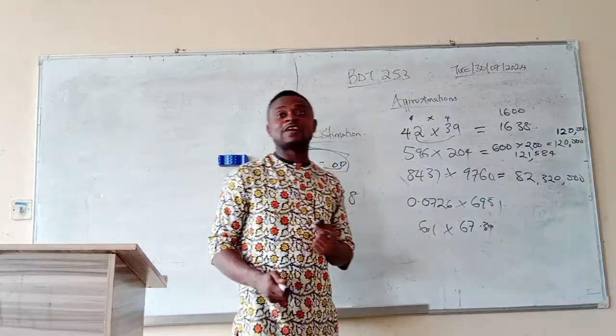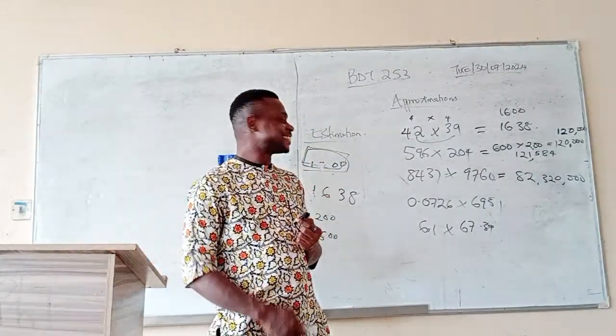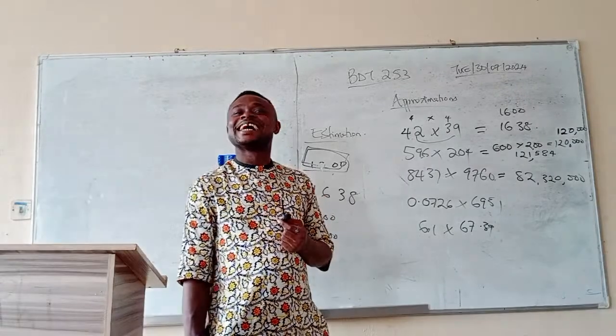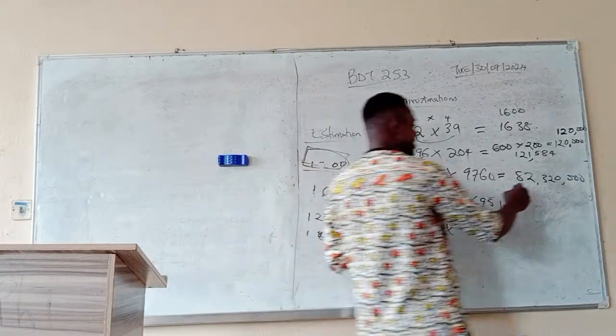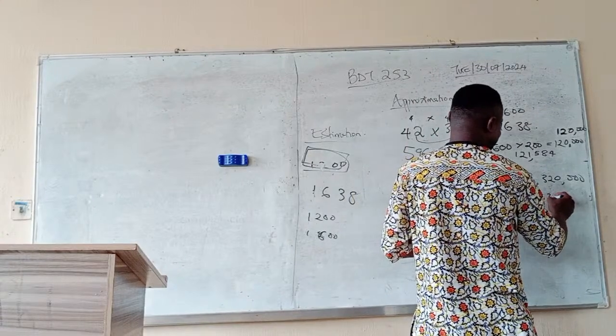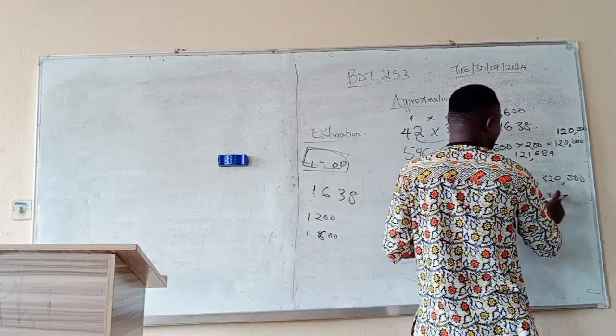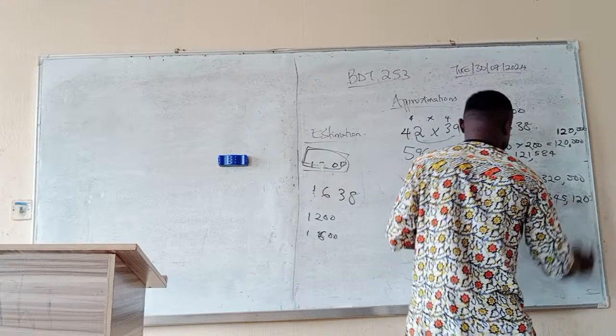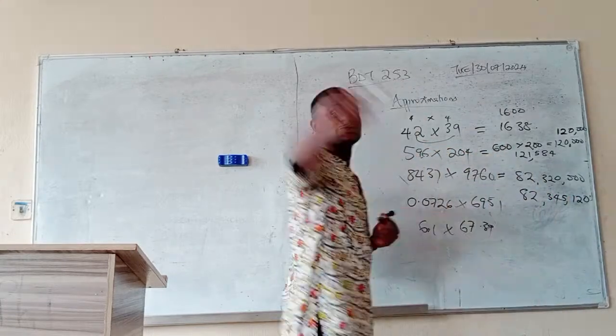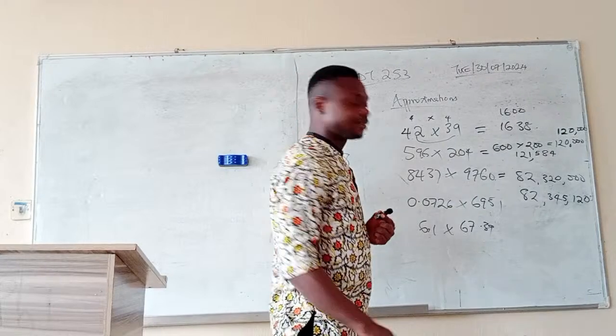Then what's the actual value? What's the actual value? 2 million 300 what? And the other is what? 80 million.